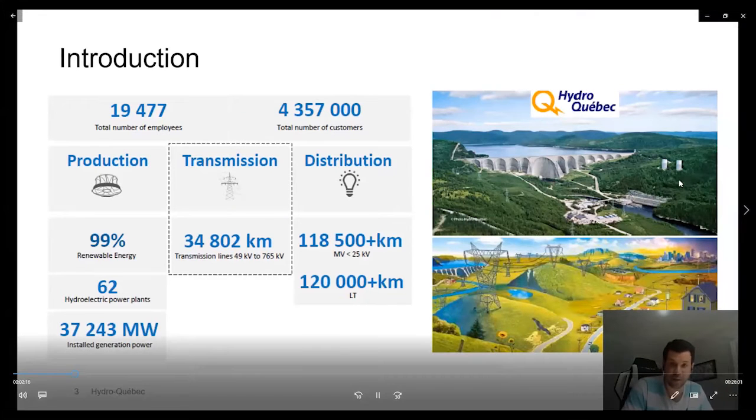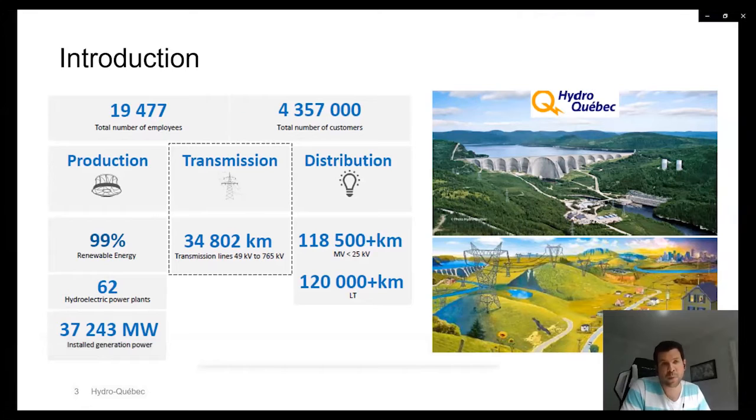HydroQuebec is a power utility. It's located in Canada in the Quebec province, and we are one of the biggest companies in Canada. We have about 20,000 employees, and 90% of our production is from renewable energy.